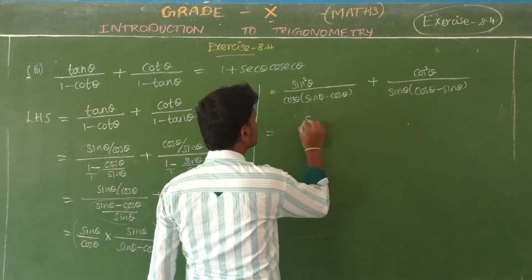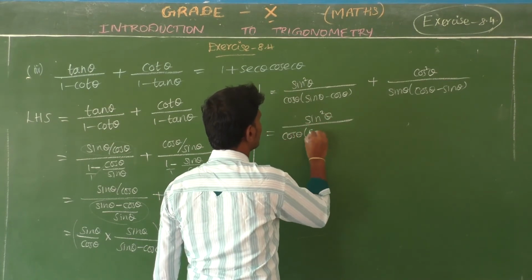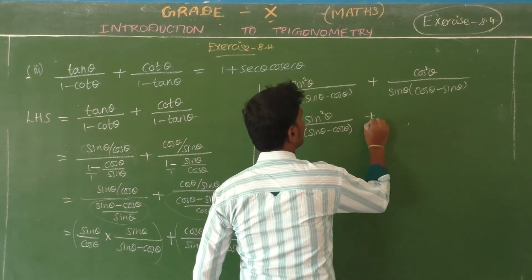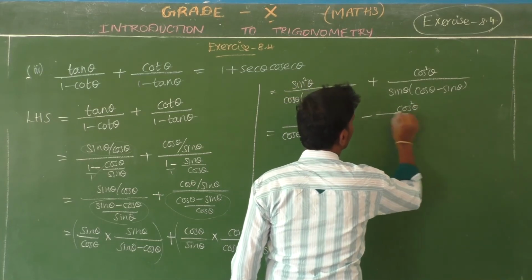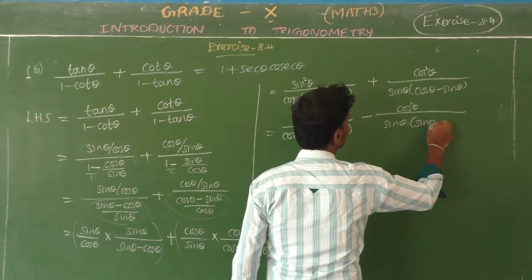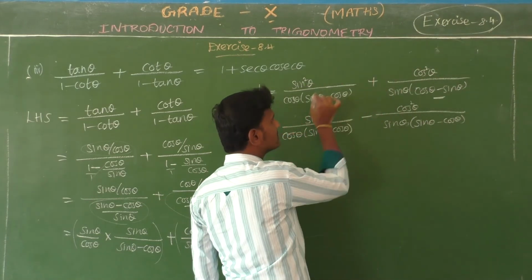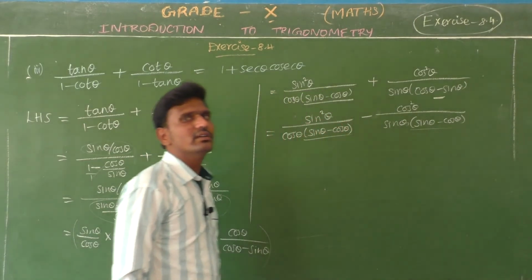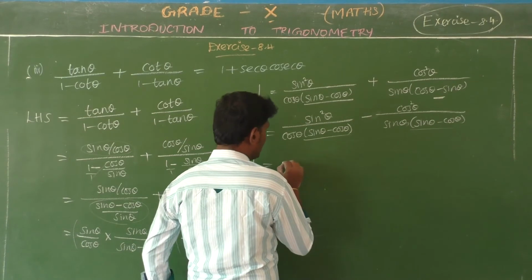To get it, sin square theta by cos theta into sin theta minus cos theta, plus, into minus, cos square theta, the whole divided by sin theta into sin theta minus cos theta. Why? Because I am taking the minus outside, we want the same term on both. Now these two are also the same terms, no? That's why.